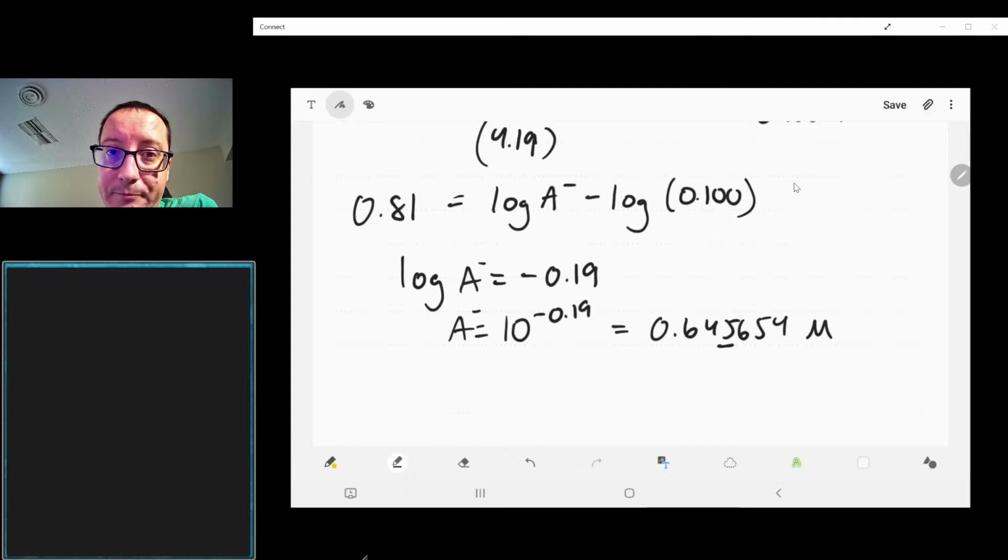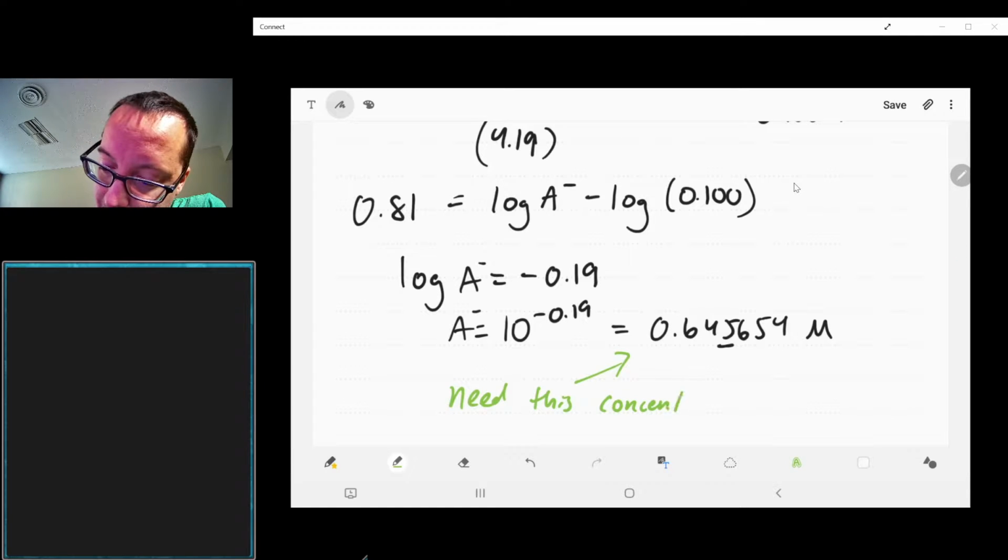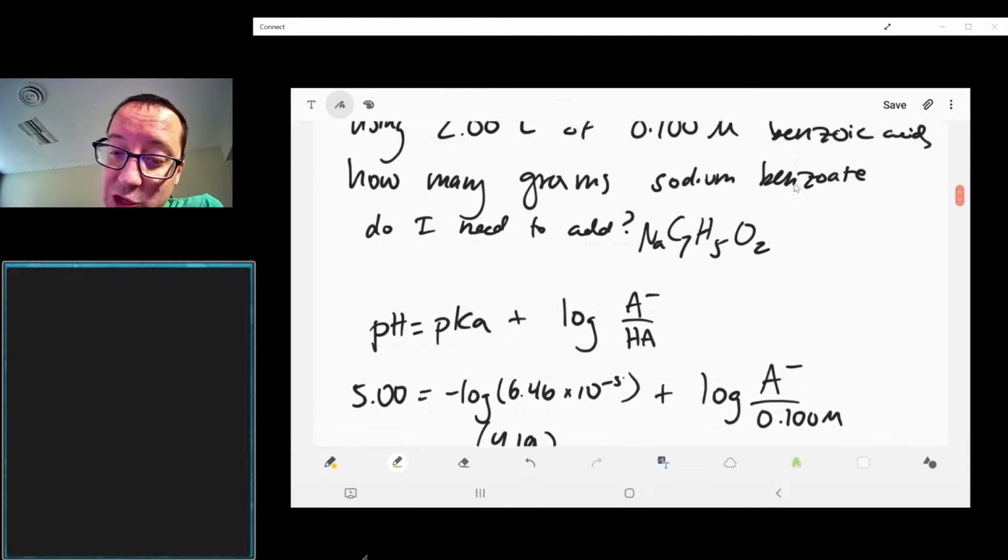And so, if we want to find the mass of it, well, we know what concentration we need. And we have enough information in the problem to figure out the rest of it. So again, we're assuming no volume change.